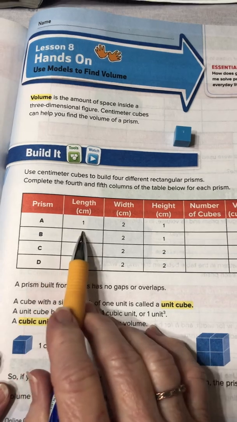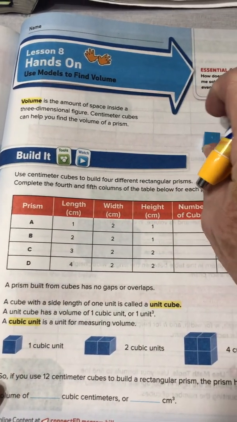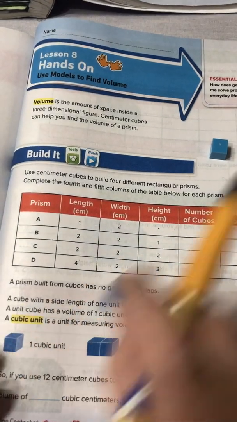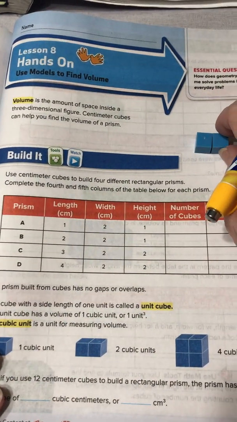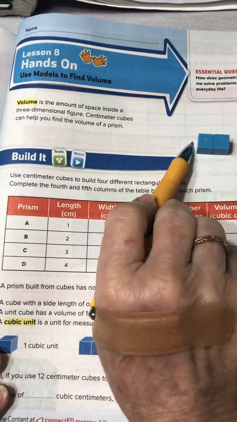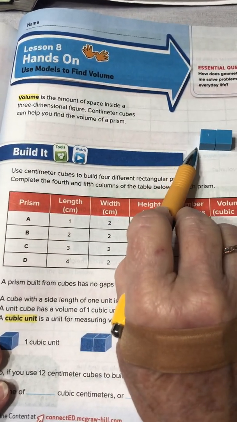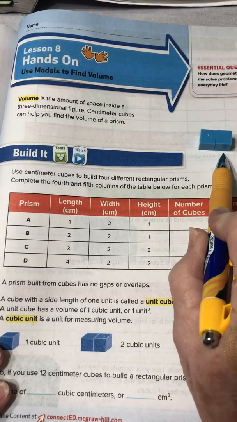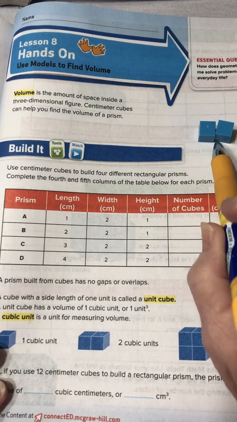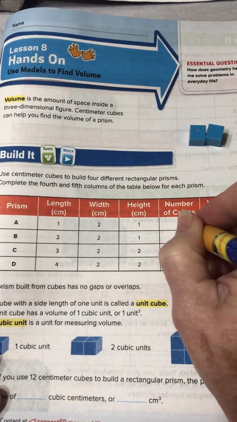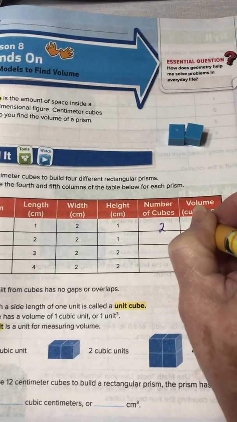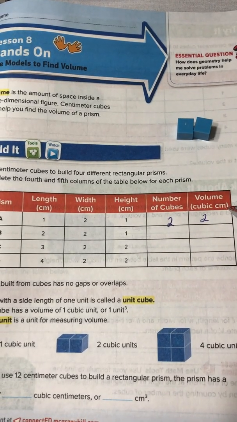So prism A, we have a length of 1 and a width of 2, and a height of 1. So the length is 1, the width is 2, and the height is 1. So we have 2 cubes, and that means our volume is 2 cubic centimeters.